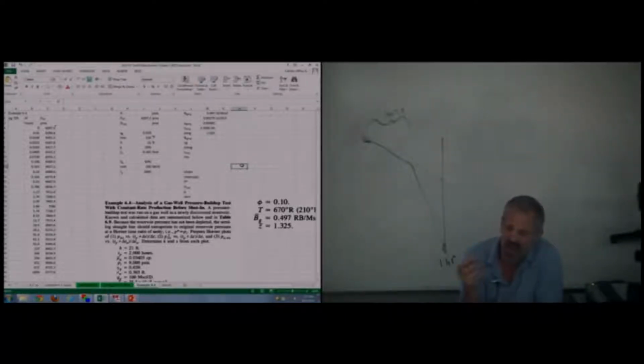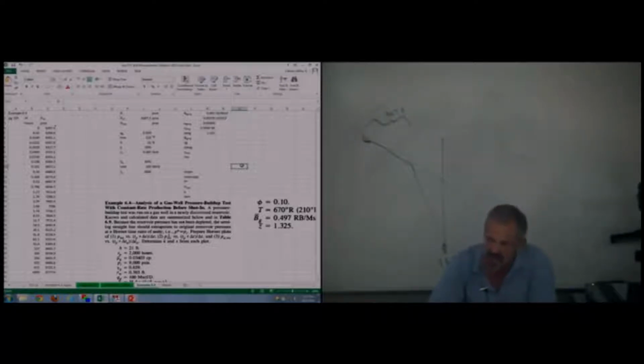I'm not saying this is easy. I'm saying that a lot of time is spent by reservoir engineers trying to explain the differences of the analysis over the life of the well. If you have a permanently installed gauge, you have almost an infinite series of tests that you can analyze.